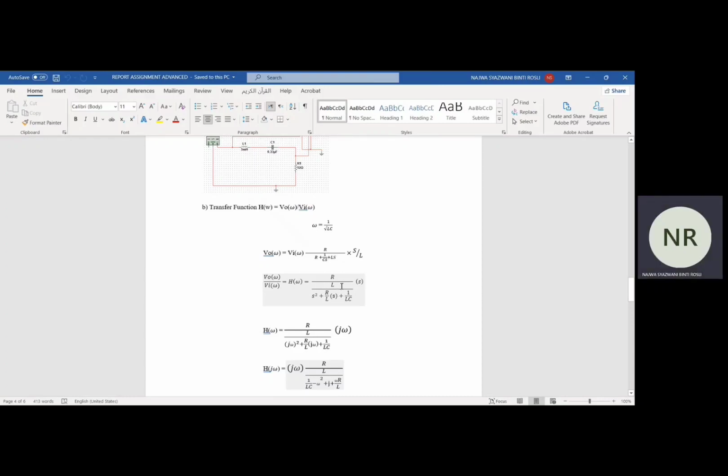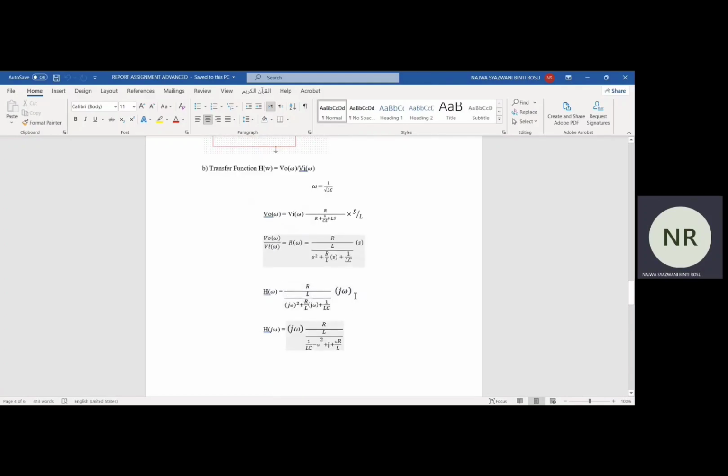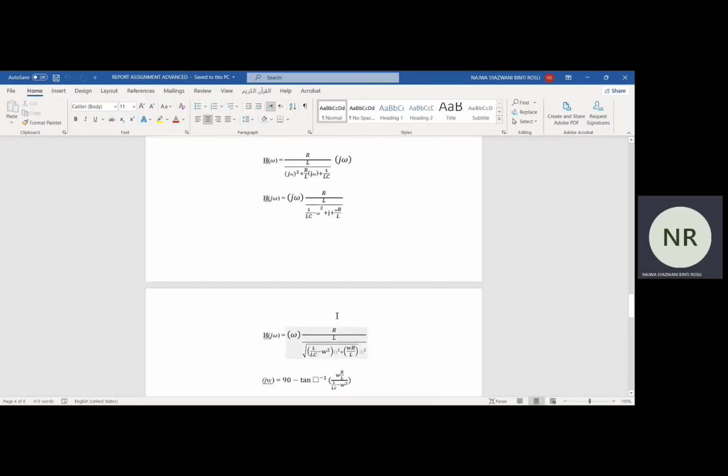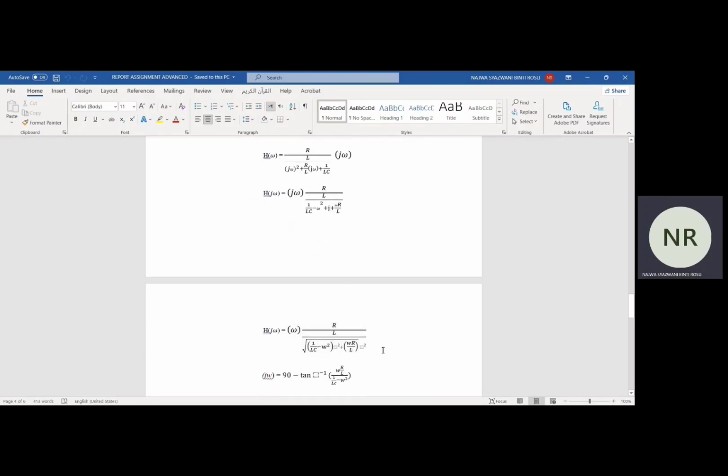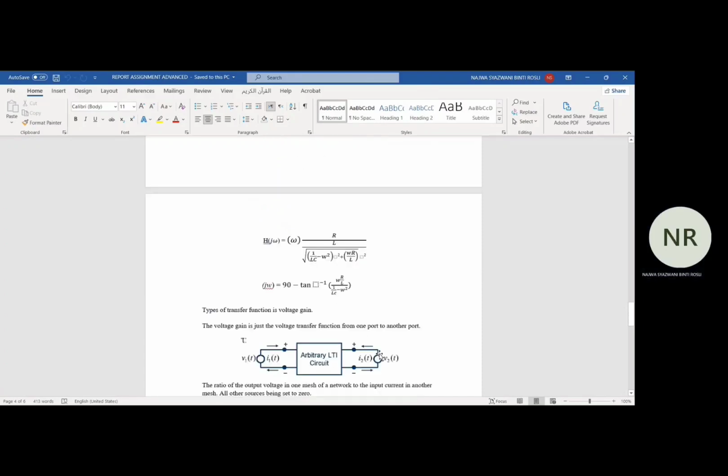Then j omega is substituted and the equation is simplified to its imaginary part and real part. The magnitude of the now called frequency response is evaluated. The phase frequency response is also evaluated and only the imaginary part is selected in the derivation.